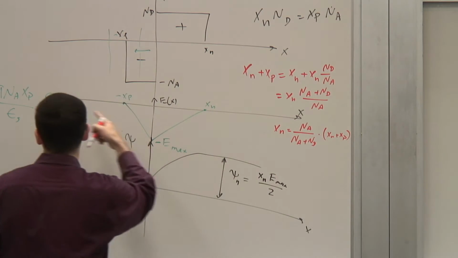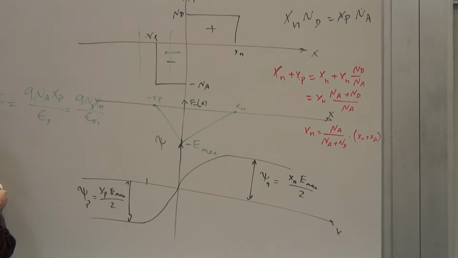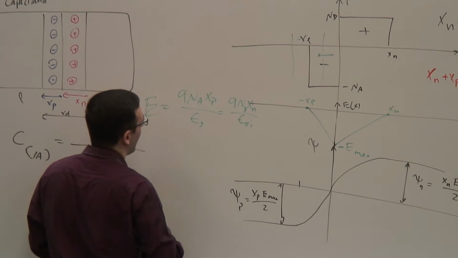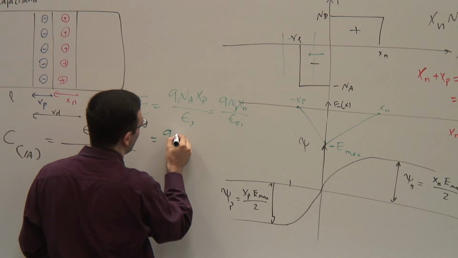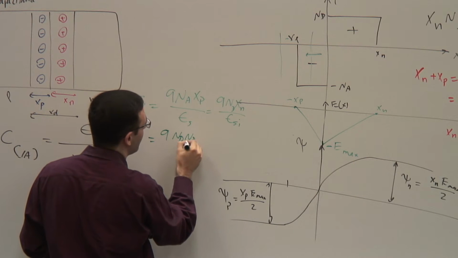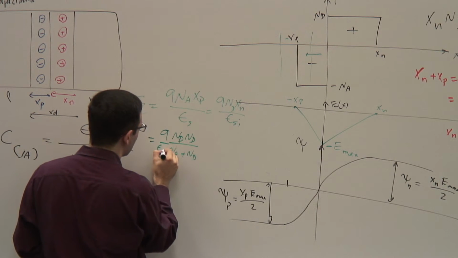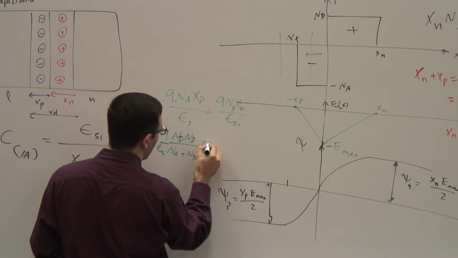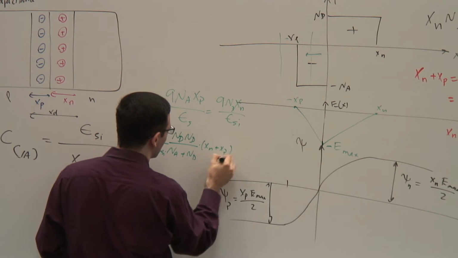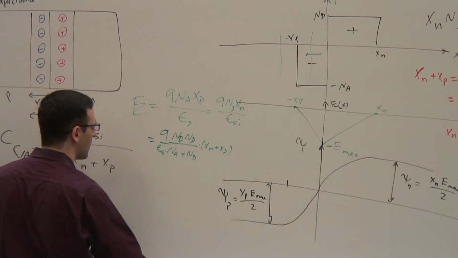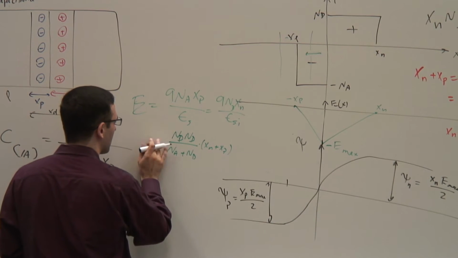Right? So I can take this, plug it back into this equation, and get q Nd Na divided by Na plus Nd divided by epsilon silicon times xn plus xp. And you can see this is a more symmetrical way of writing the same thing.